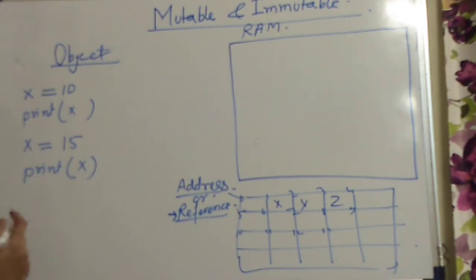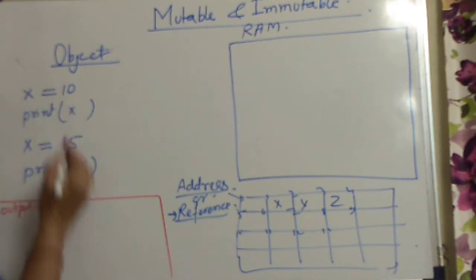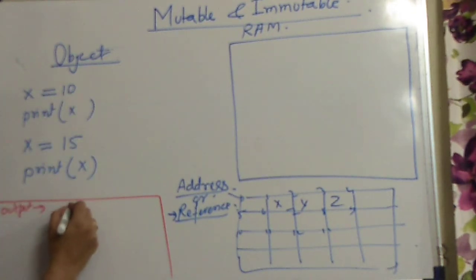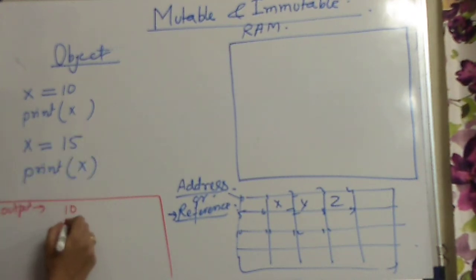You will see the output that the value of x is 10, and then the value of x is changed and you get another output for the print statement, 15.